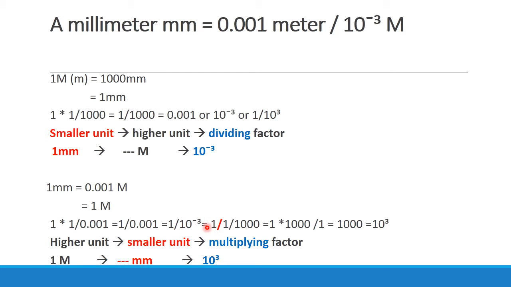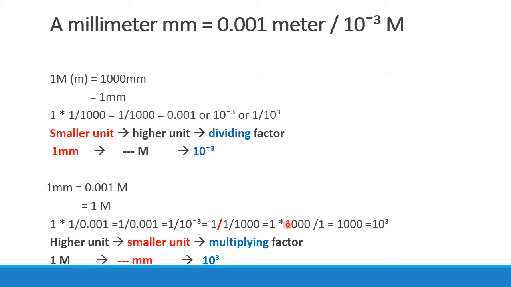How can I write again this 10 to the power of minus 3 in this form also, that is 1 divided by 1 by 1000, or I can write it as 1 into, you are bringing these contents into the numerator.